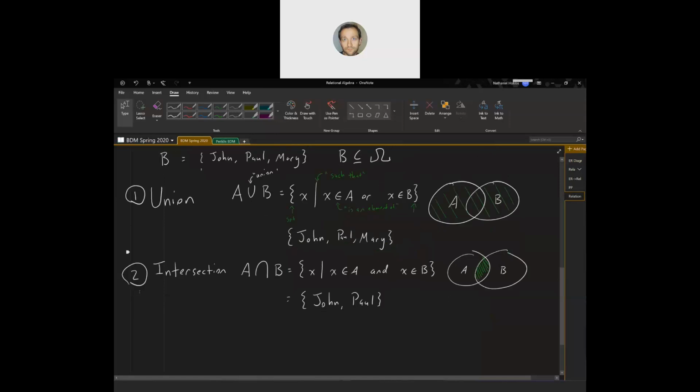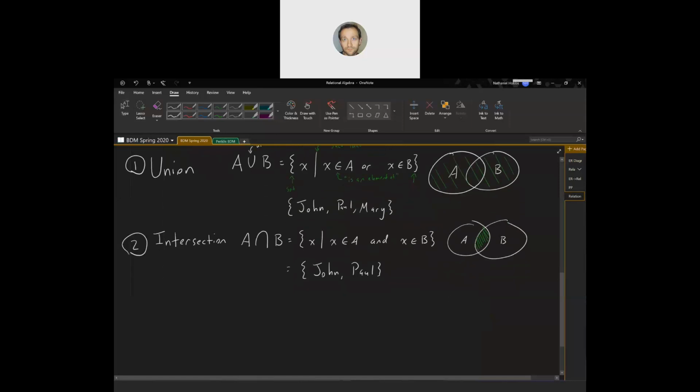Then we have the set difference A minus B. I'm going to write this the other way around.